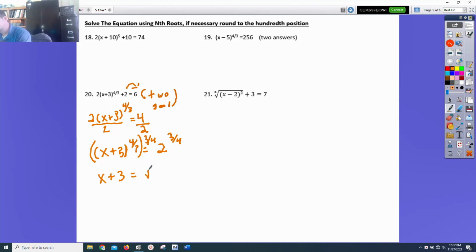That's as far as I'm going to take it, because I have no idea what the fourth root of that is. I could use decimals if I wanted. Now, because I'm doing a fourth root, I have to include the plus or minus symbol. And I'm just going to move my 3 over. Maybe.